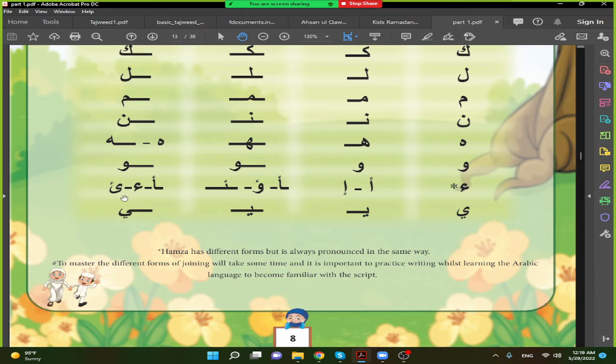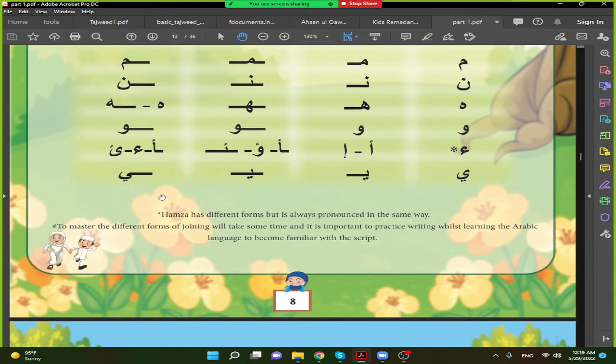This is Hamza and this is yeah. There are no two dots underneath it, but when you see the shape like the yeah, you will pronounce it yeah then, okay? And what is this? Yeah. This one? Yeah. Yeah, that's great, okay?